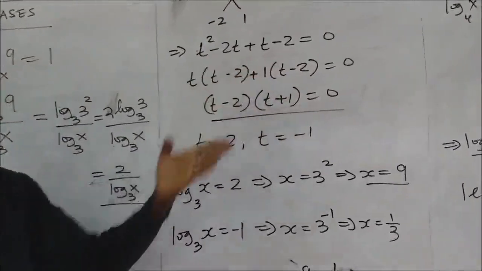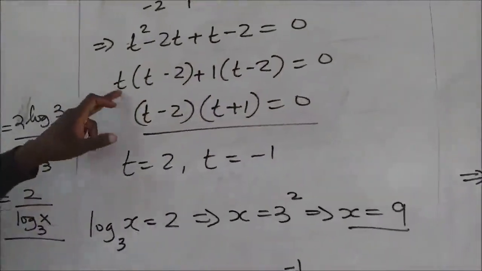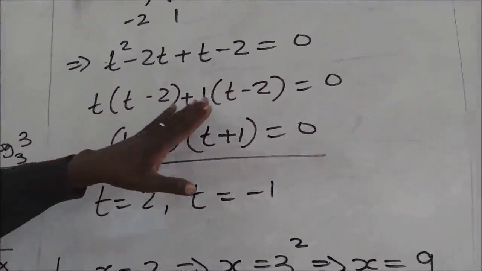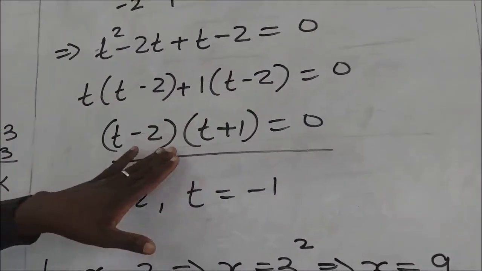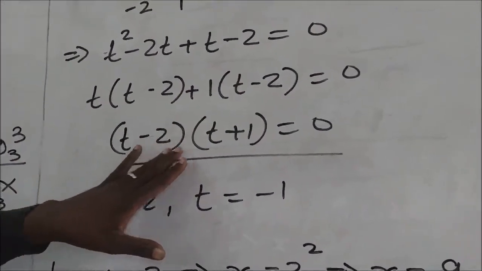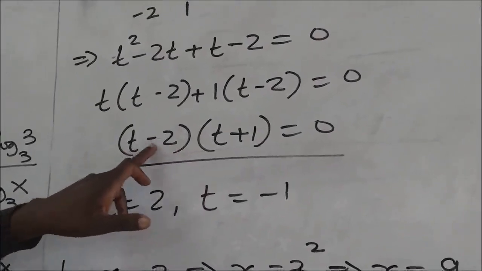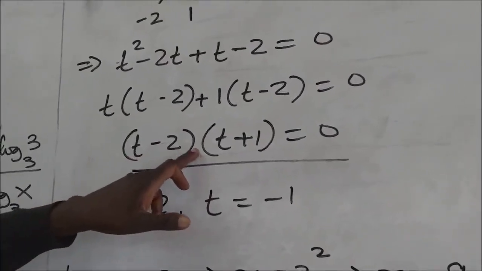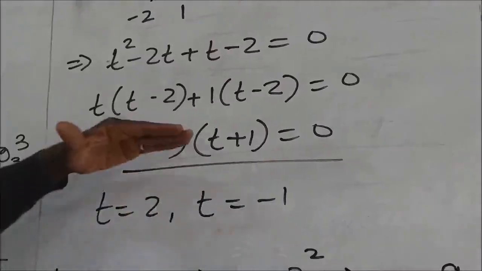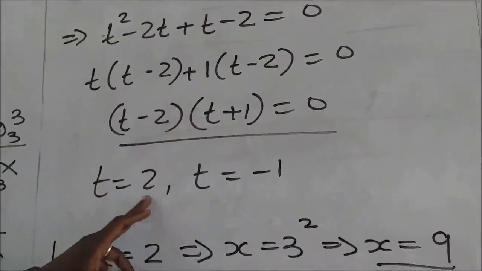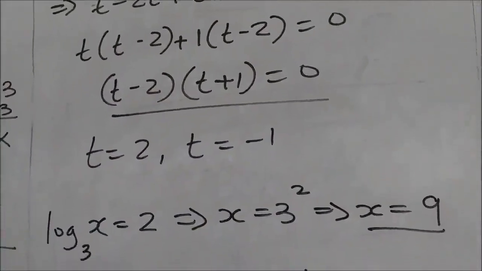We factorize by grouping: t into t minus 2 plus 1 into t minus 2 equals 0, and the factorization of the left hand side turns out to be t subtract 2 into t plus 1 equals 0. From this, our t is 2 or t is negative 1.